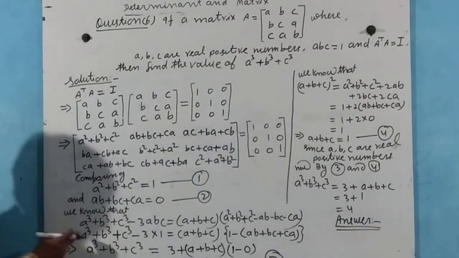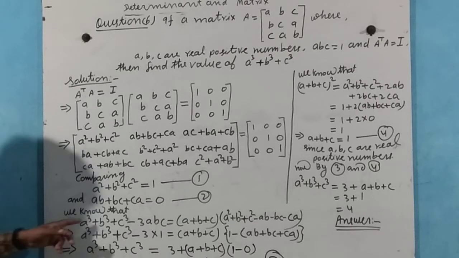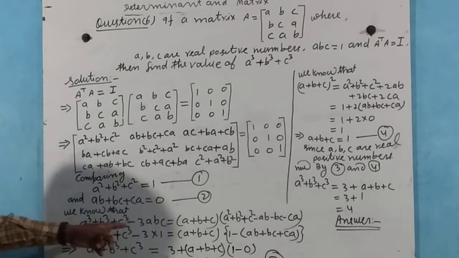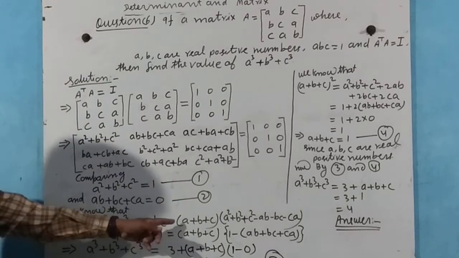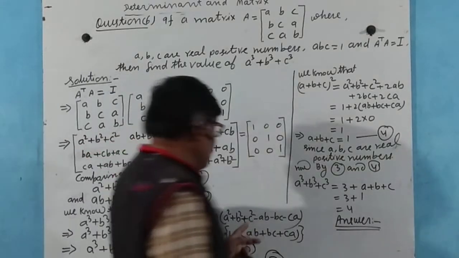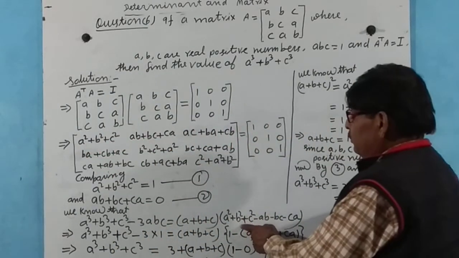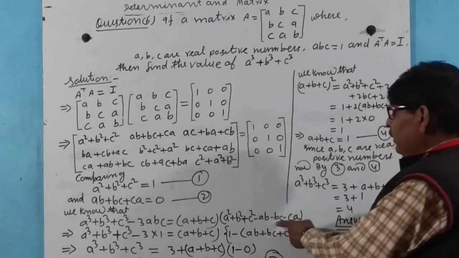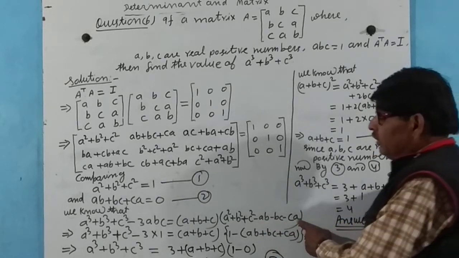Now we know that a cube plus b cube plus c cube minus 3abc equals, in one bracket a plus b plus c, and in the other bracket a square plus b square plus c square minus ab minus bc minus ca.